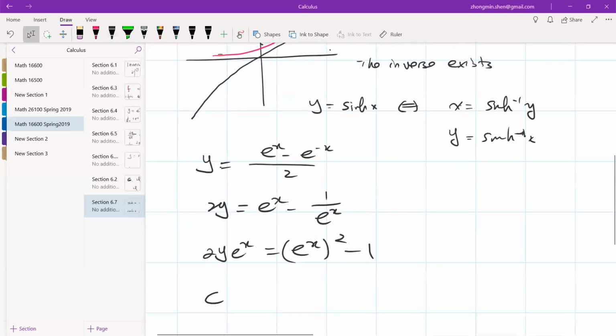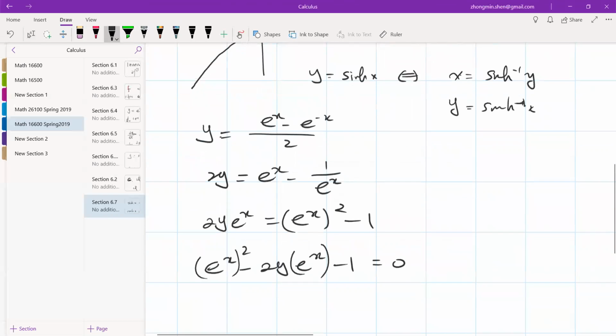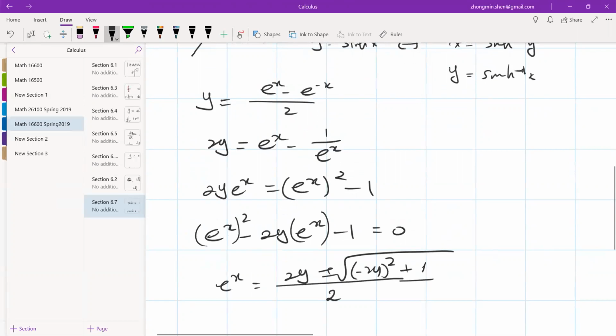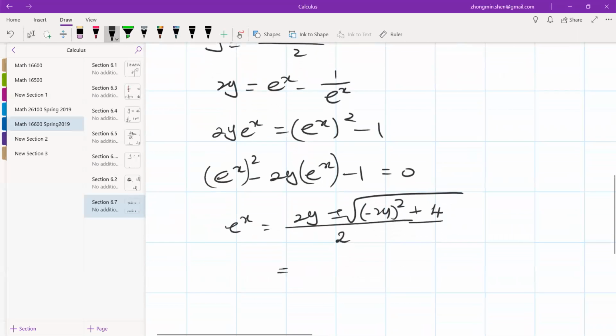So you will get e to the 2x minus 2y e to the x minus 1 equals 0. This is a quadratic equation in e to the x. Then you can solve for e to the x using the quadratic formula: negative b plus or minus the square root of b squared minus 4ac, over 2a, so minus 4 times negative 1. You take 2 out, and you get y plus or minus the square root of y squared plus 1.